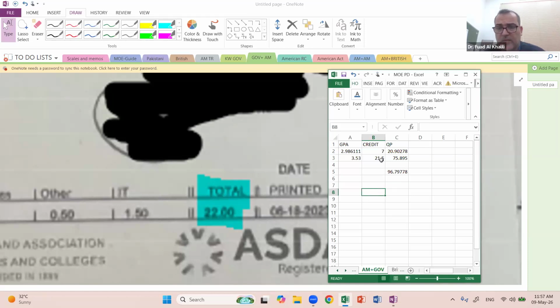Now, this is the total QP. What is the GPA now? Our cumulative GPA for this student is equal to total quality point divided by credits. We have to add the credits.